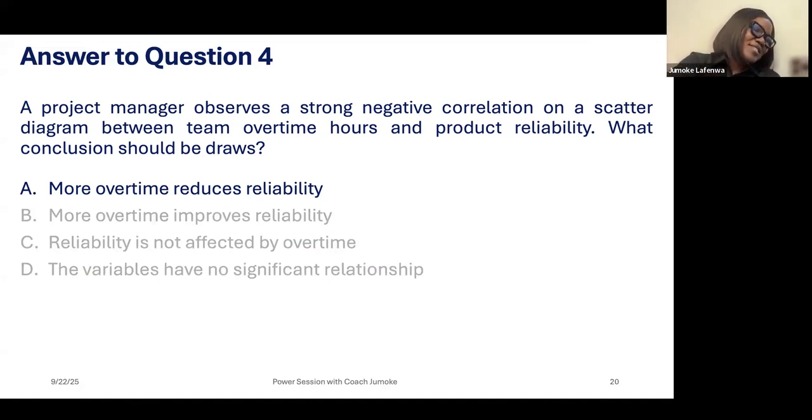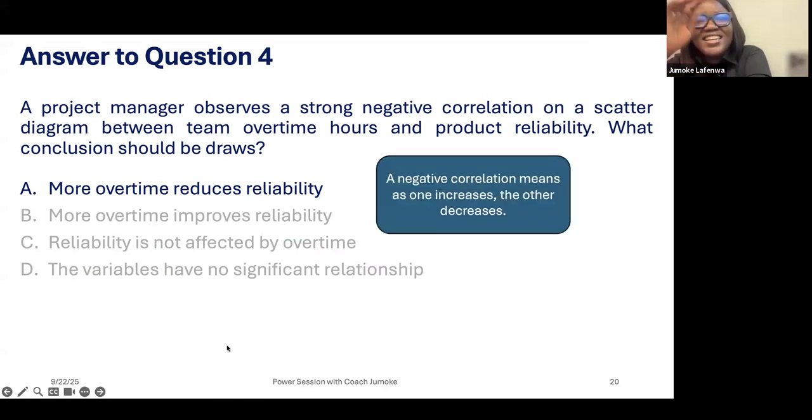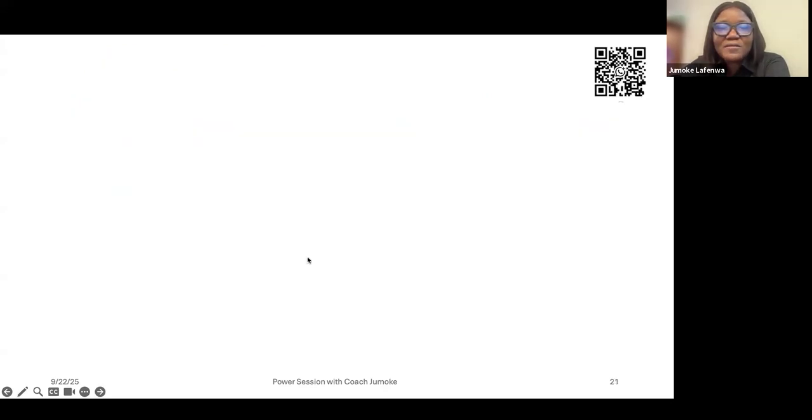A negative correlation means as one increases, the other decreases, and that is what is happening here. You observe a strong negative correlation on the scatter diagram between team overtime hours and product reliability.